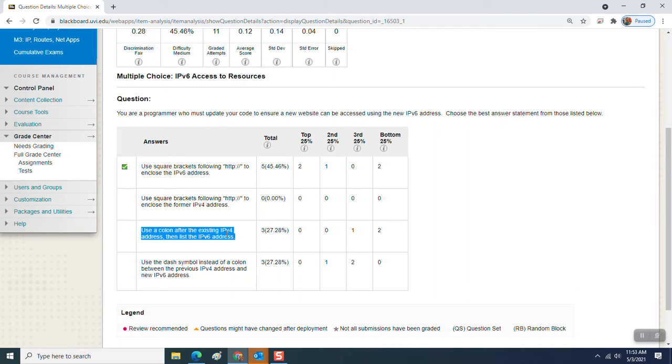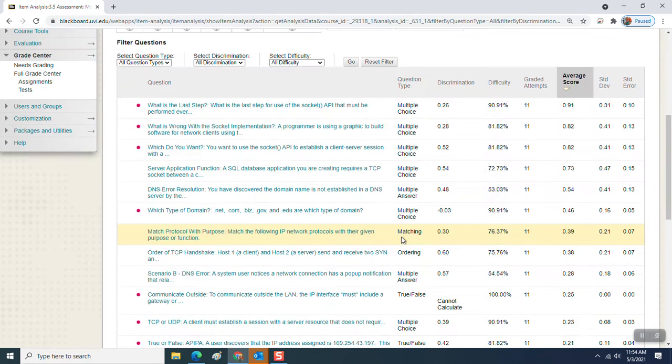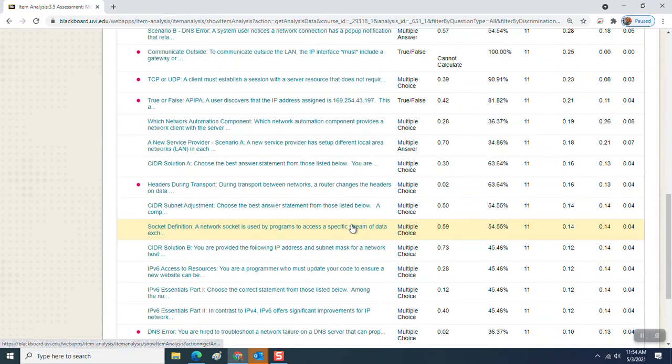Use a colon after the existing address and then list the IP address. No, if you use a colon with the existing IPv4, what comes after a colon with a standard regular IPv4 address is the port number that it's on. So that's a bogus answer if you're using an IPv4 IP address.